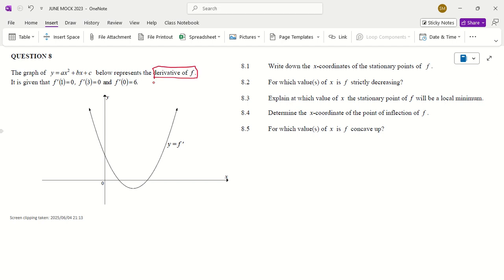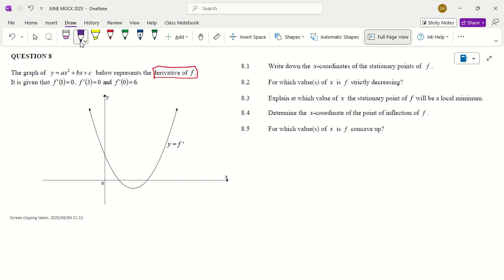So it's not actually a function, it is the derivative of a function, and it is given that the derivative at 1 is equal to 0, the derivative at 3 is 0, and the derivative of the function at 0 is 6. So meaning that now, because this is the derivative, we can say this point here is 6.